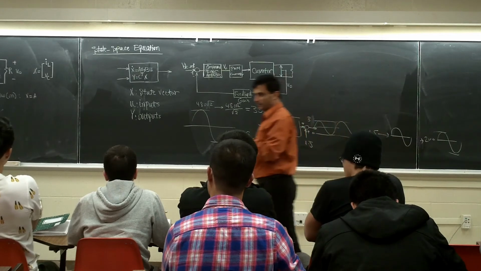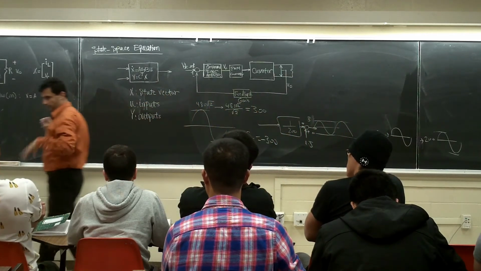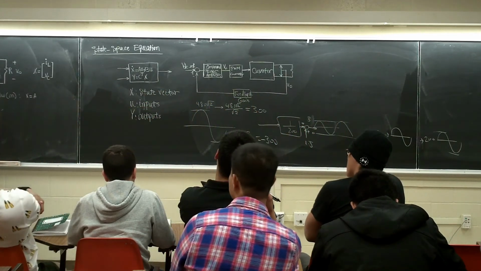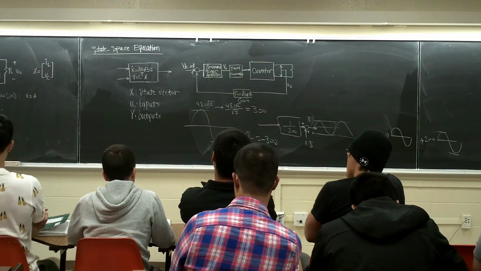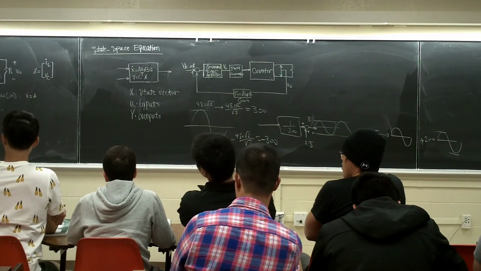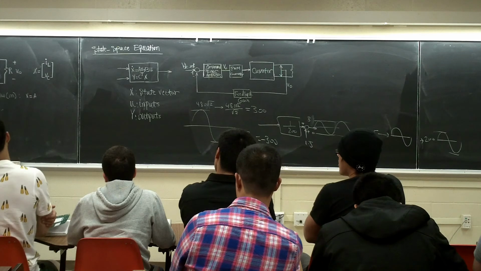If I know IL and VC, this circuit is known. It doesn't matter if the switch is on or off, I have IL and VC, so X is not going to change, right?